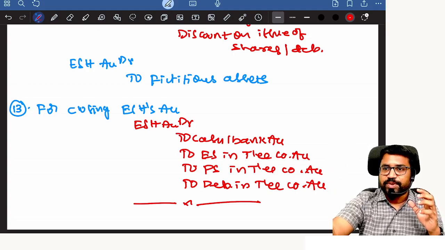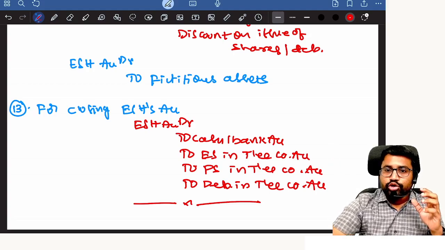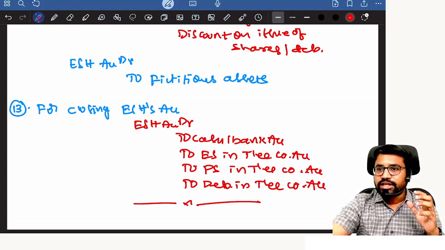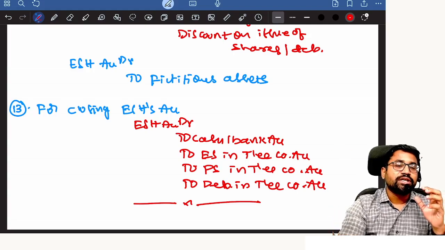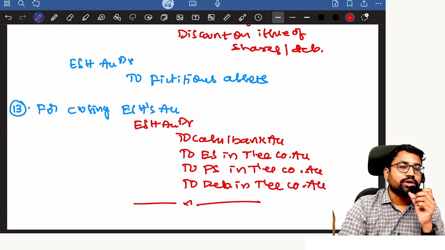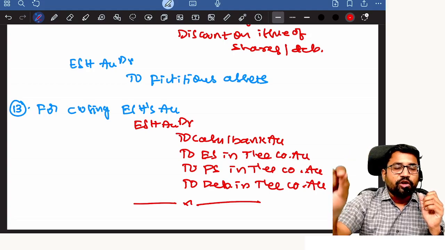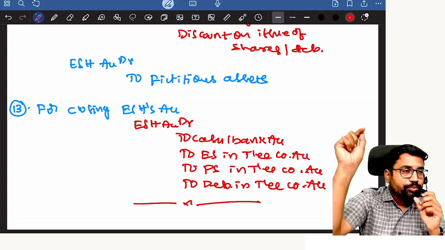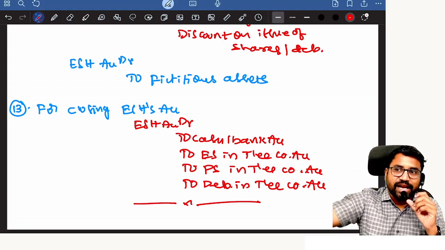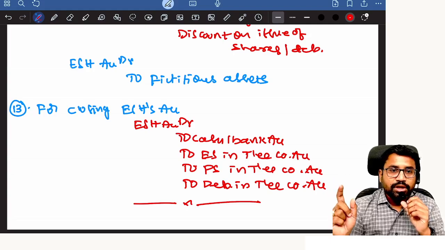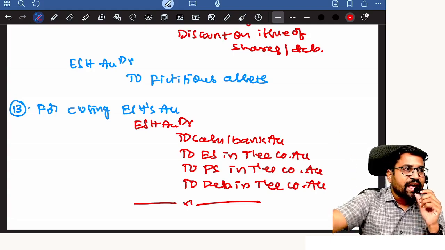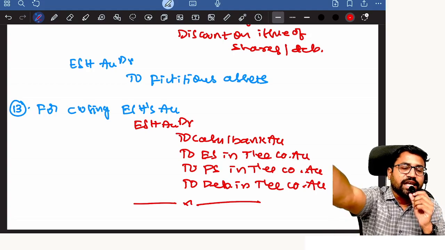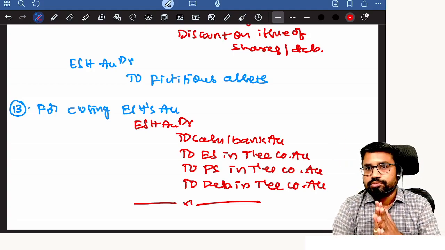Seventh, liquidation expenses. Eighth, amount due to preference shareholders. Ninth, amount paid to preference shareholders. 10th, close the realization account. Transfer the profit or loss to equity shareholders. 11th, amount of equity share capital, preference share capital transfer to equity shareholders. 12th, fictitious assets, if any, they are adjusted to equity shareholders. 13th, close the equity shareholders account.